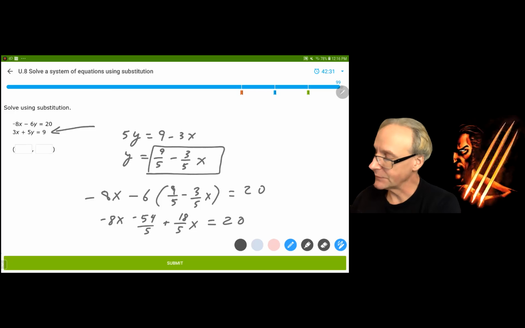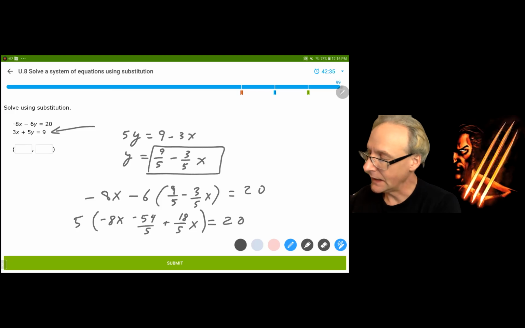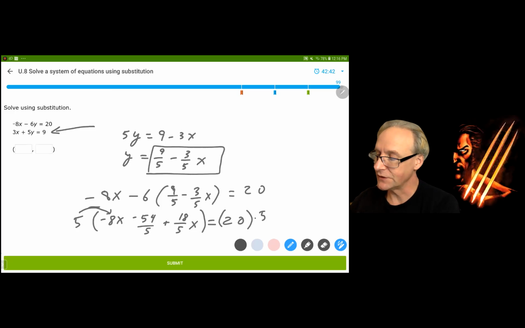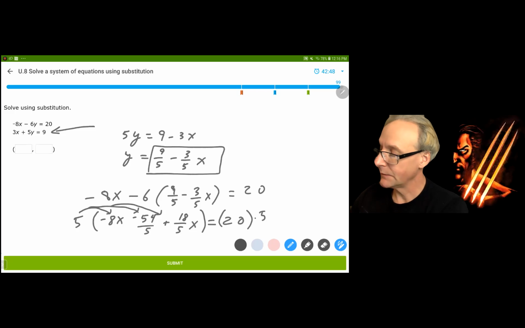I'm going to multiply this side of this equation by 5, and this side by 5. This 5 gets distributed to all 3 terms. I'm going to write it at the top of my page because I'm running out of space.